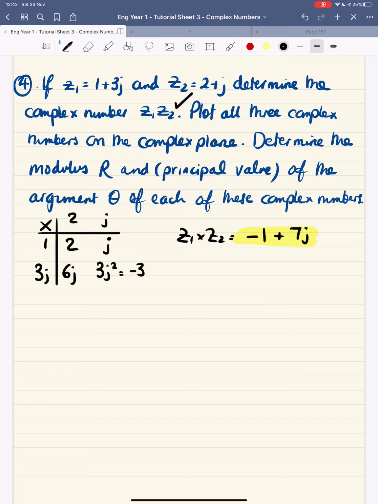Plot all three numbers on a complex plane. Determine the modulus r and principal value of the argument of each of the complex numbers. So let's get this now drawn here. Straight lines, good. So here's the real, here's the imaginary.